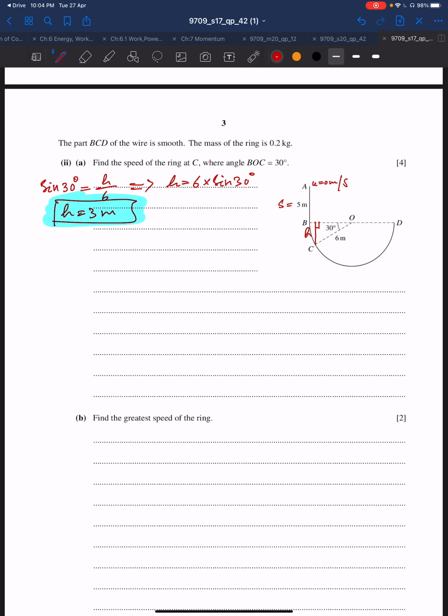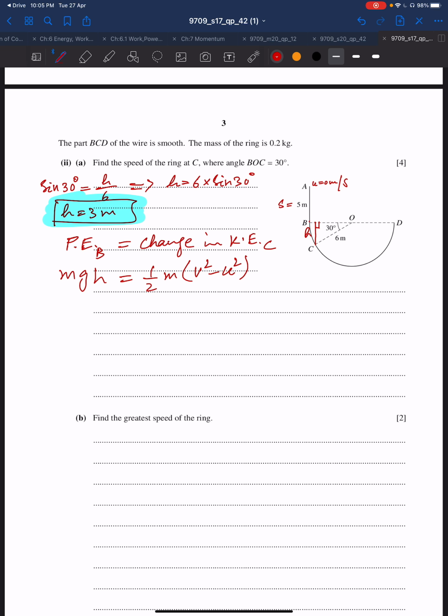Now the potential energy at B will be converted into change in kinetic energy at C. Potential energy is mgh. Change in kinetic energy is half m times v square minus u square.